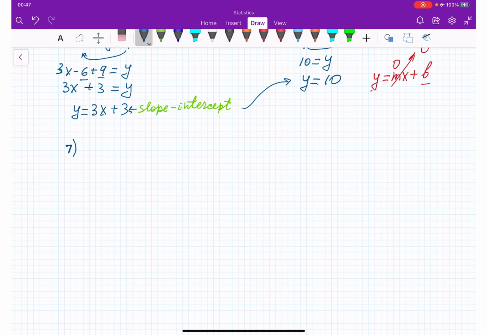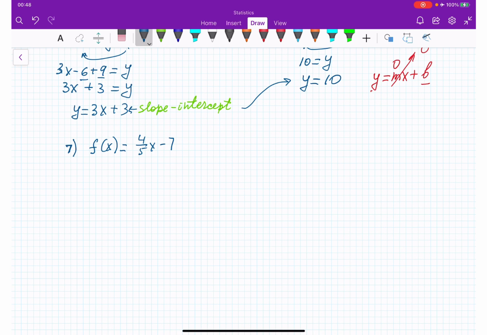Okay, now we are going backwards. Before, it was giving us slope and intercept, and we needed to find the equation. Now we are given the equation, which is f of x is equal to 4 over 5x minus 7. We need to find slope and intercept.